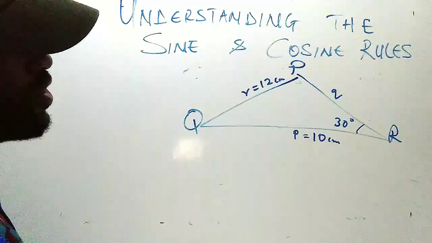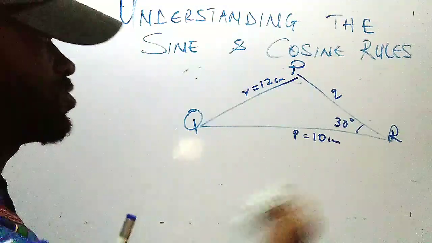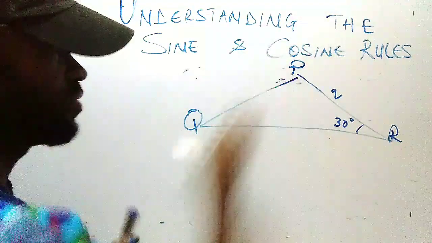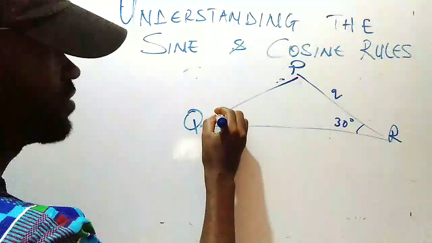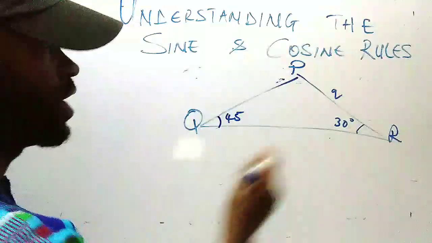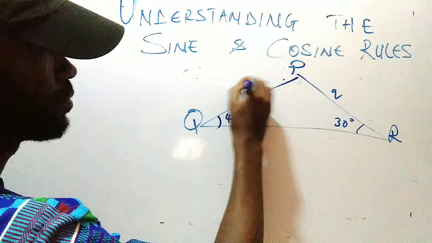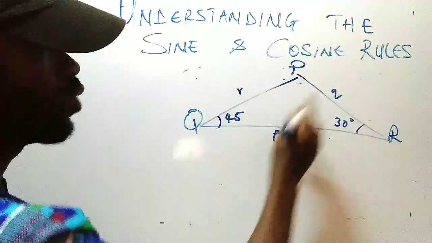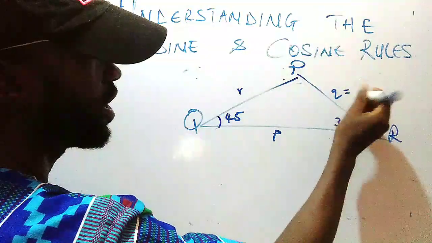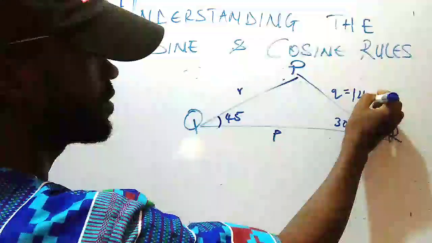The second condition is if you are given two angles. Let's assume now that we are not given this, we are given two angles. So we are given 35 and probably this angle here, let's say 45. And then you are given one of the sides. Let's say you are given Q as 14 centimeters.